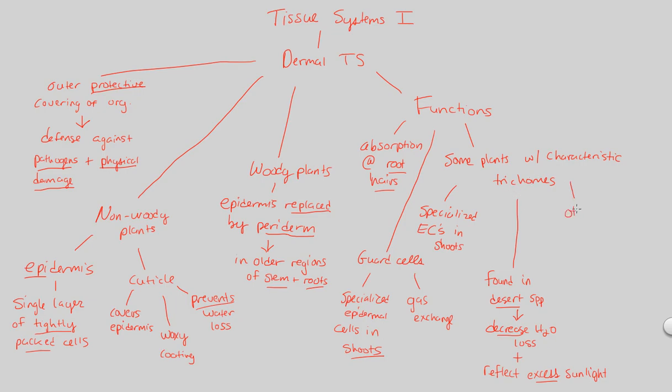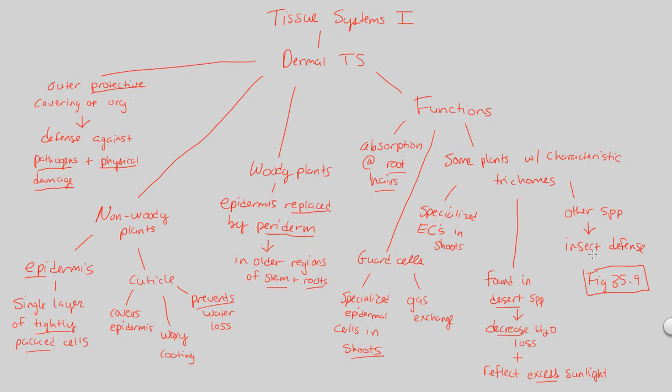And also, finally, last thing, in other species that are not desert species, the trichomes actually function as a very interesting form of insect defense. If you look at figure 35.9 in your textbook, it shows that these trichomes are like barb-like structures that infiltrate these insects and cause them harm, essentially, by either secreting toxins or some sort of sticky component that's going to make these insects very, very annoyed.